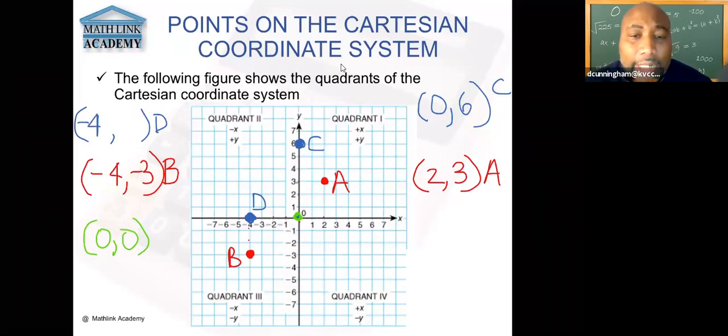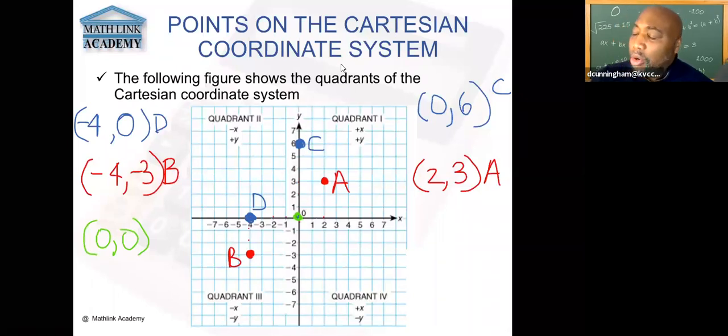Then did we go up or down anywhere? A lot of people call it rise or run. Did we go any up or down? No, we didn't. We just stopped there. So the y value would be 0. And so point D is (-4, 0). That has a special name too, and that is called the x-intercept. So those x and y intercepts are in blue. The other points that are red are in quadrants, and the green one is the origin.